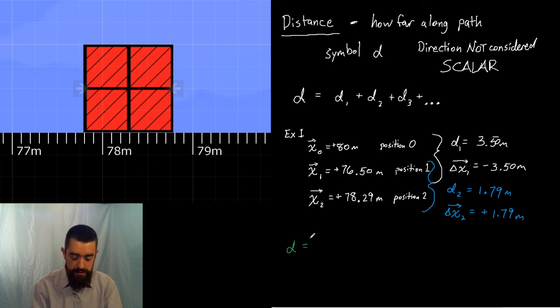So these would be adding up. Let's say 3.50 meters of distance plus 1.79 meters of distance. So the total distance I traveled, 3.5 plus 1.79, is 5.29.